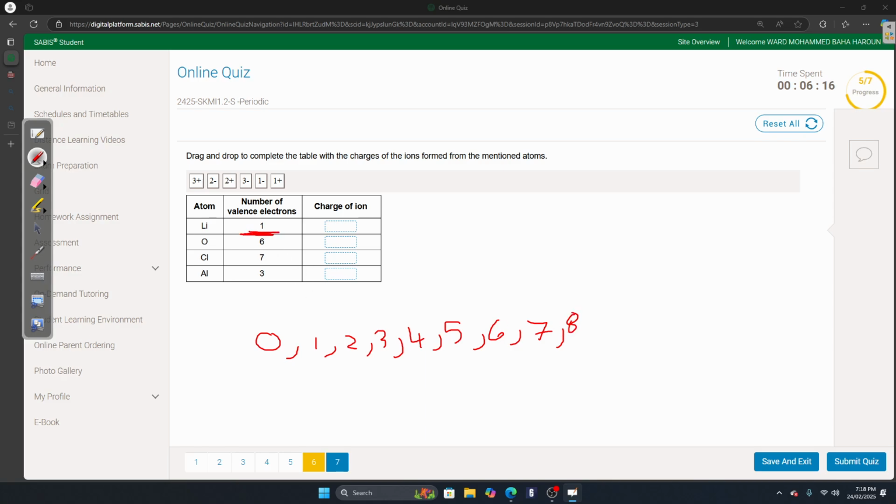It has 1. See, anything under 4, let's say you want it to be 0 or 8. Right? Because 0 is stable and 8 is also stable. You don't want anything in between. If you have 1, you won't want to make it 8.